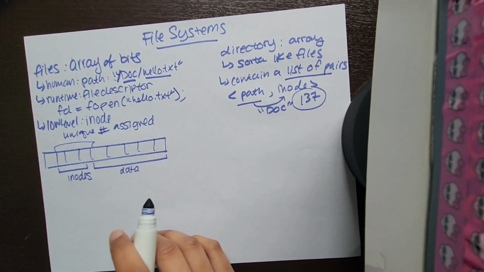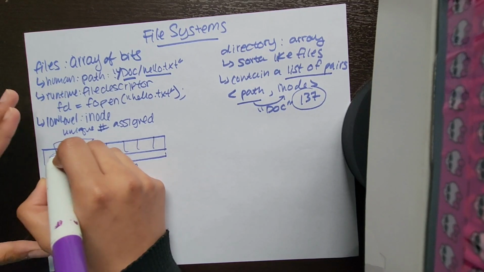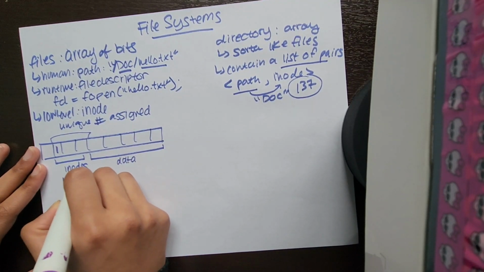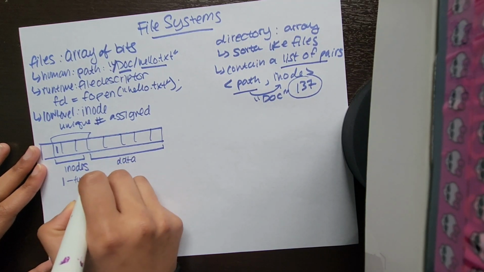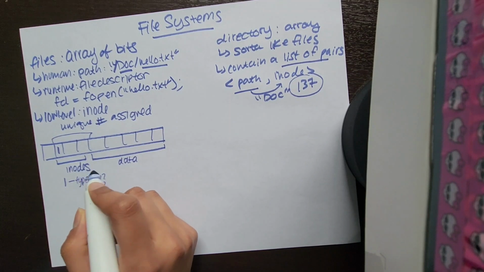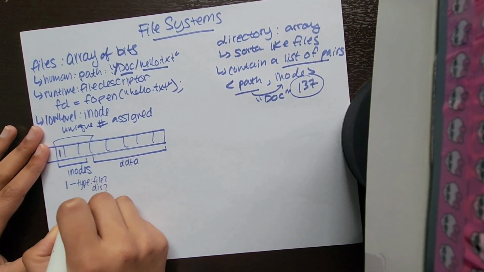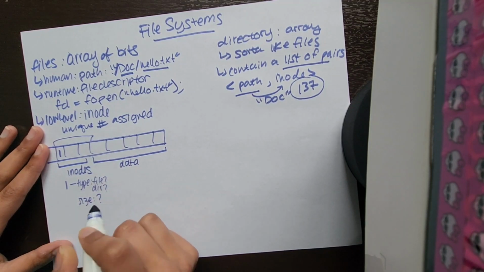The way this works is that each inode, like the inode at index 1, contains information like type: is this a file or a directory? Then also size: how large is this?